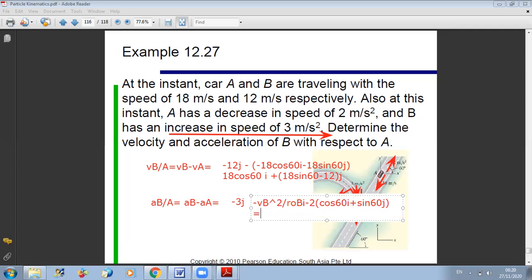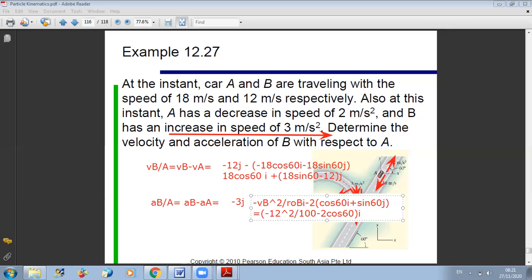Along i, I have first minus VB squared, and VB is given to be 12, so it's minus 12 squared over the radius of curvature. The radius of curvature is given in the figure, it's 100 meters, so over 100 along i. And the second component along i is minus 2 cosine 60. This is the total component along i.